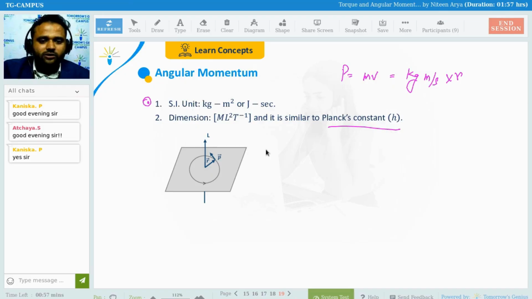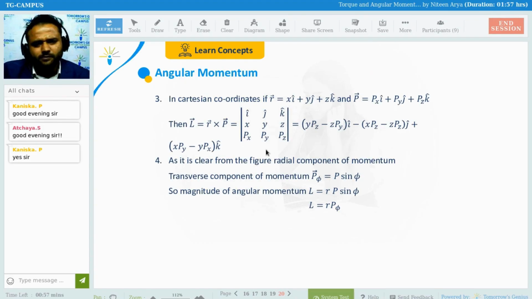So that is your L equals R cross P. In Cartesian coordinates, if R is xi, yj, zk, P is going to be pxi, pyj, pzk. With the help of this determinant, we can find L, which is R cross P, with rows i j k, x y z, px py pz.